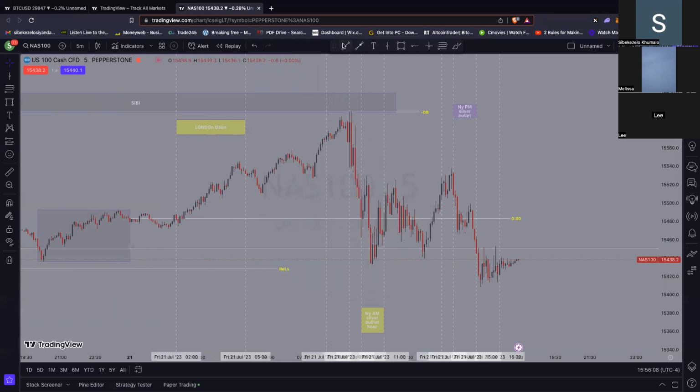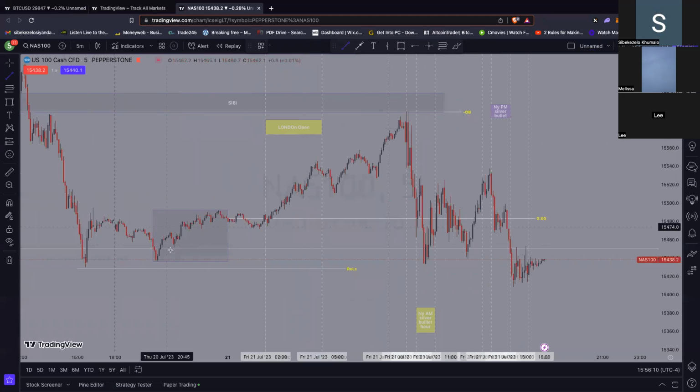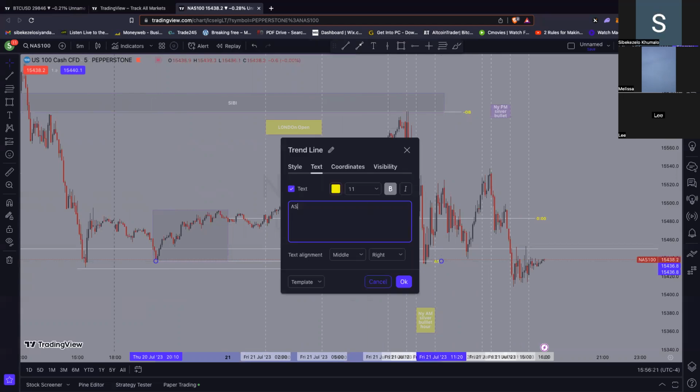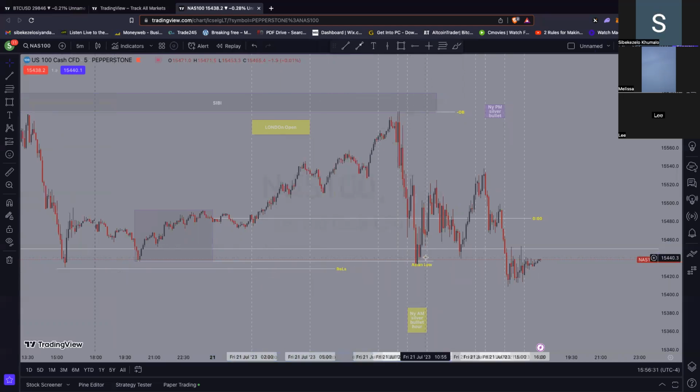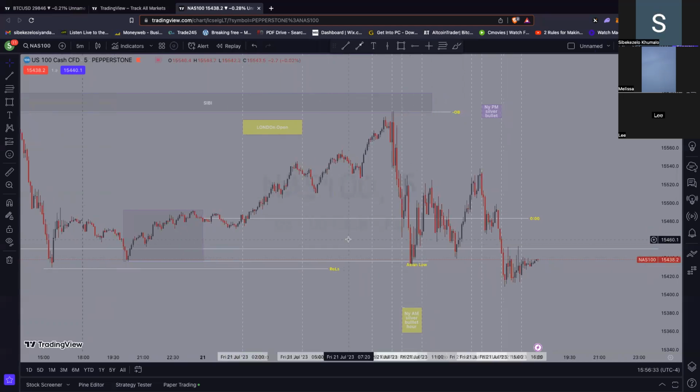So what you want to do here, you want to highlight your Asian session, 8 to 10. You extend your Asian session, which is your sell side. This is your Asian session sell side liquidity.